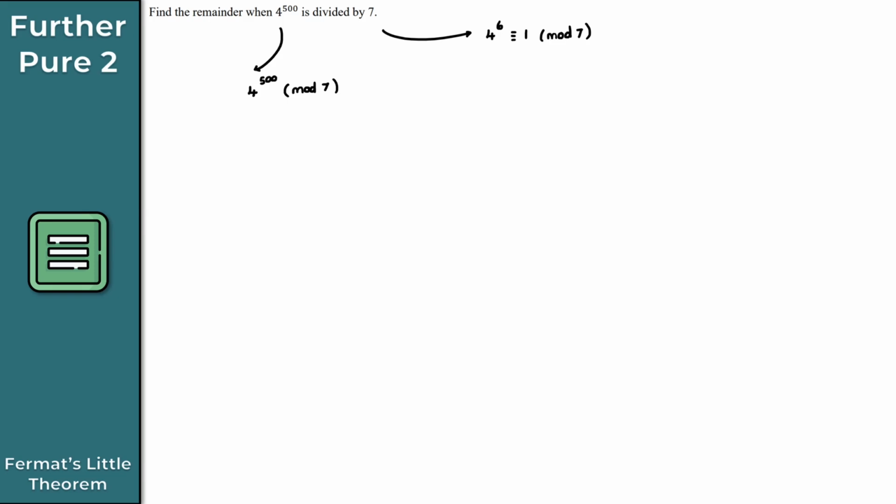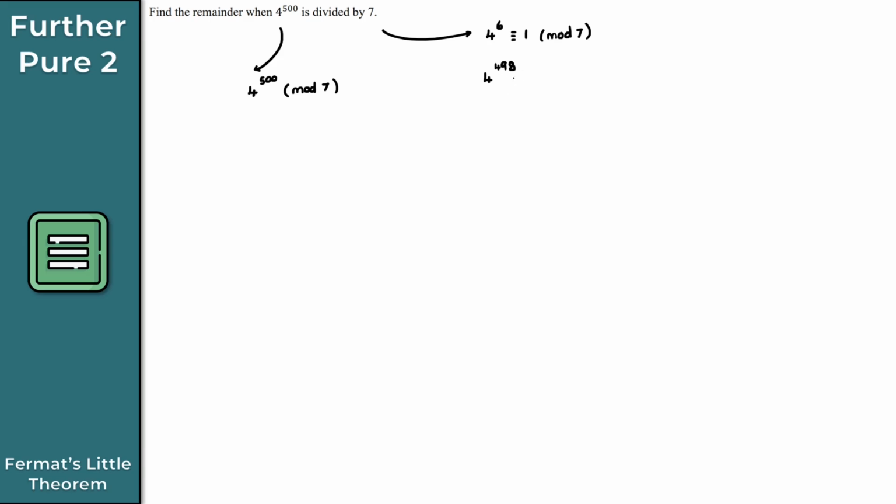So just like we did then for the first question here, what I now want to do then is rewrite 4 to the power of 500 just by using the basic rules of indices. Okay. So I've got 4 to the power then of 498, like so.